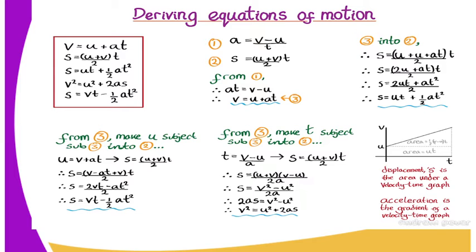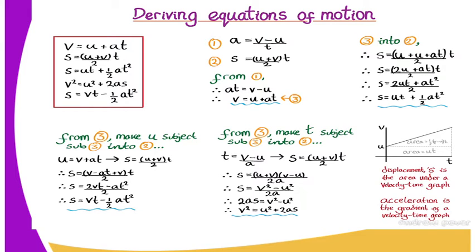Therefore, we have three equations. The first equation is v = u + at, where u is the initial velocity, v is the final velocity, a represents the acceleration, and t represents the time taken.